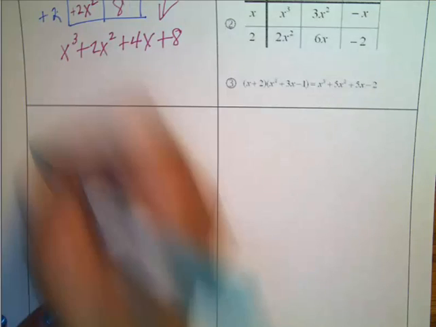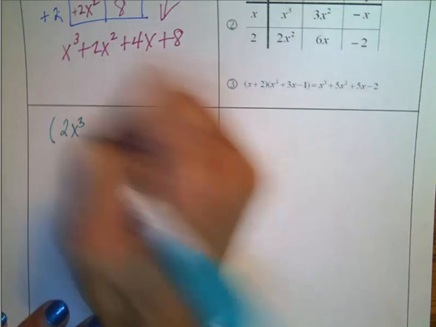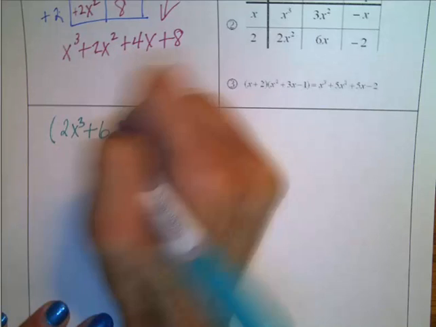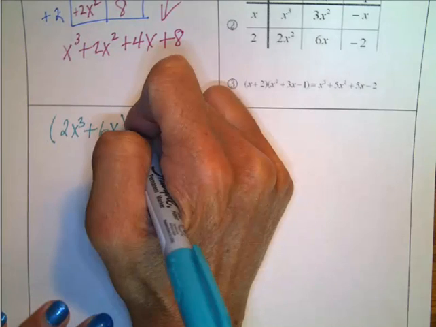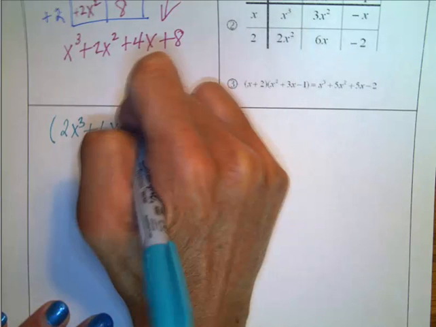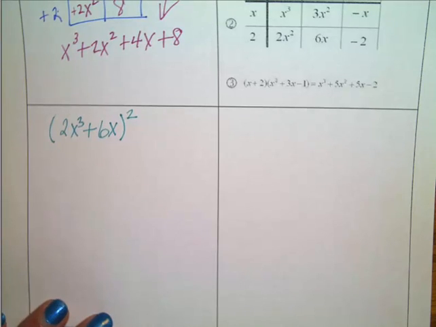Okay, so let's do 2x to the third plus 6x, squared. Ooh, that's a beast. One of the biggest mistakes people make when they square something is they try to just square the parts, which is all good and fine when you have a monomial.